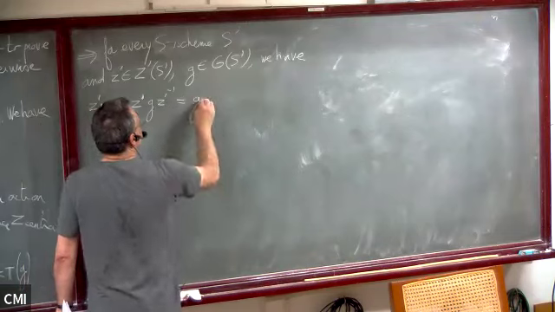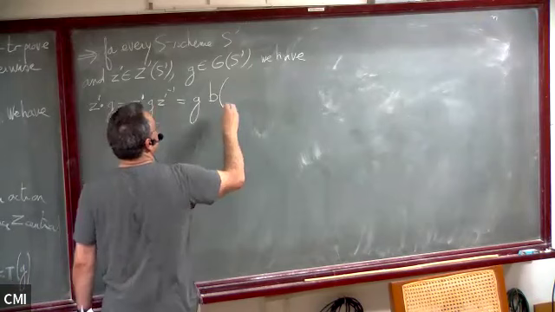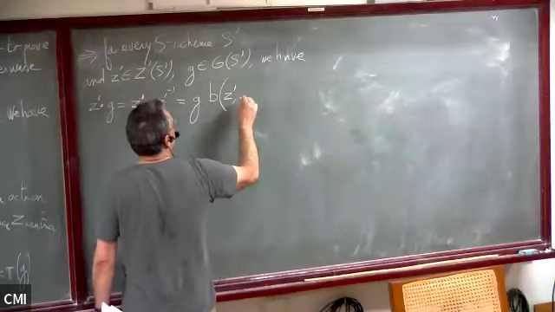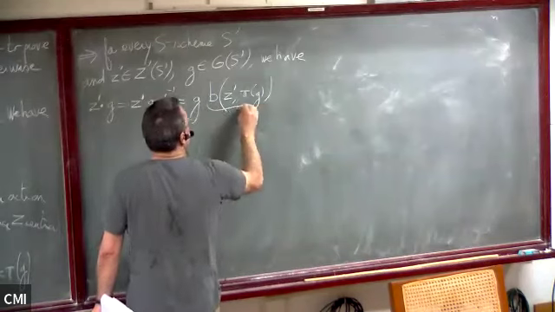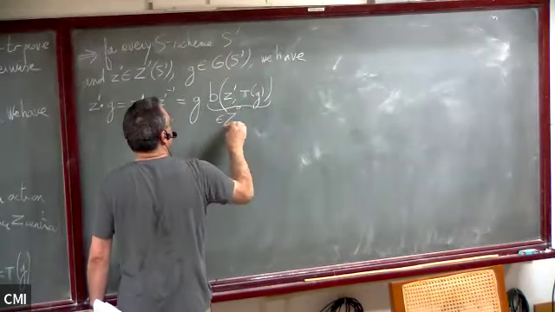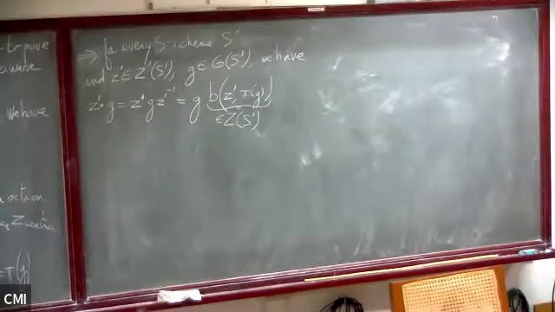This is equal to G times some element which depends on Z prime and the projection pi of G, and this is an element in Z of S prime. So this is a consequence of this fact. This conjugated element has the same projection as G, and so they differ only by an element of Z.